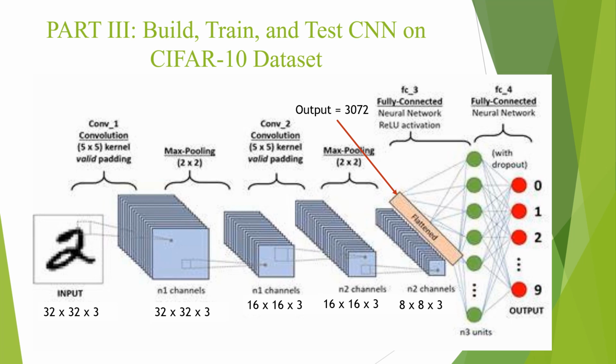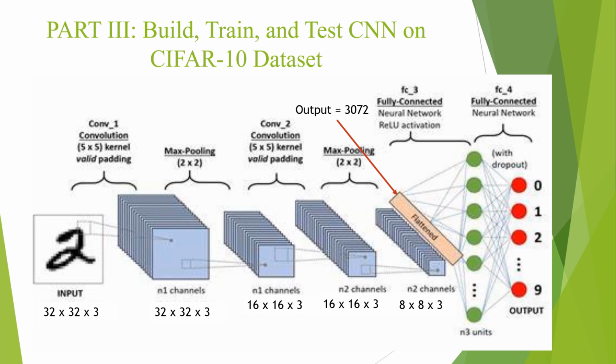Once we do that and we sum those features up, it goes through the max pooling. The max pooling is where we take the image and it is reduced down in size.